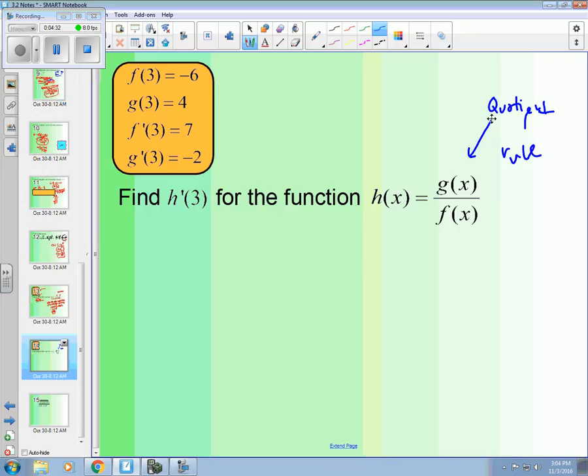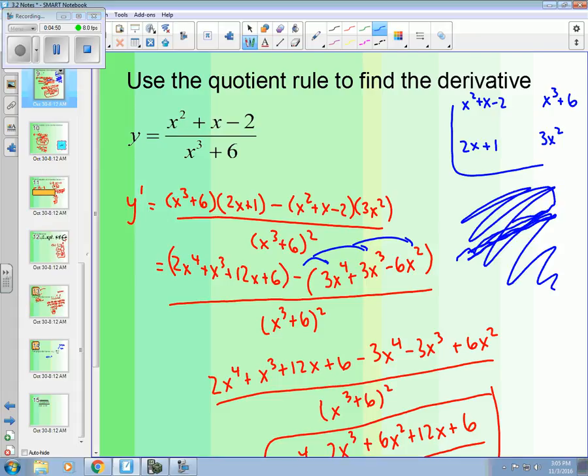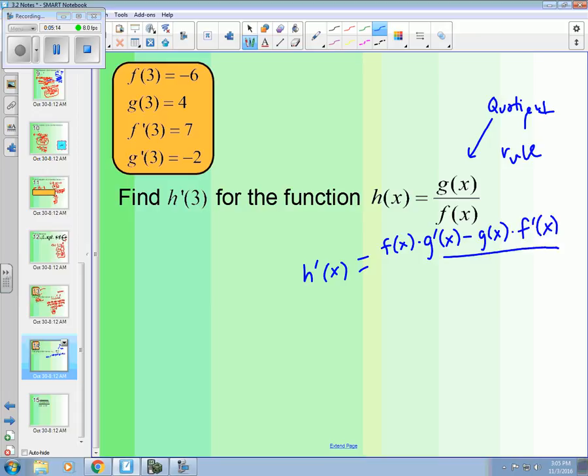Okay, so quotient rule for this one, the derivative here for x is going to be low, which is f of x, times the derivative of high, minus high, which is g, times the derivative of low, all over low squared.